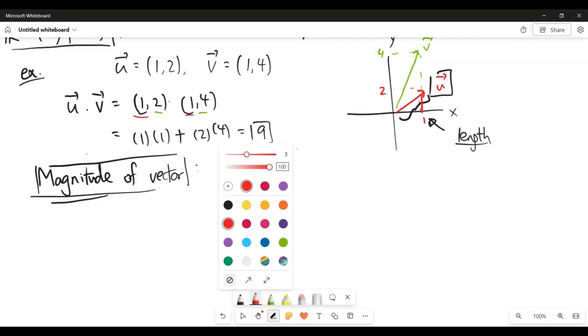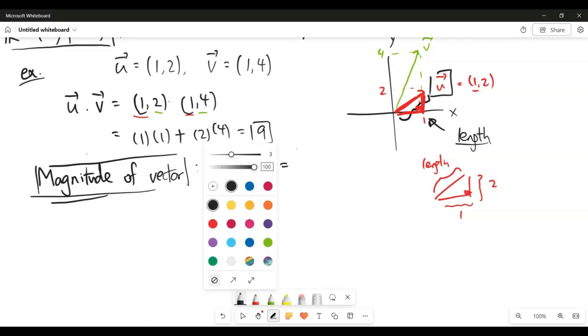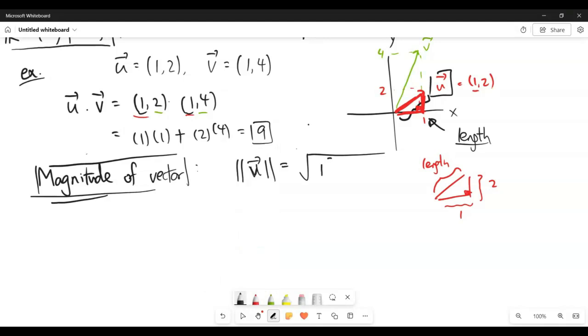If you look at this right angle triangle on the xy plane, the height is given by the y coordinate, which is 2, and the base length is given by the x coordinate, which is 1. The length of the vector is the hypotenuse of this right angle triangle. By the Pythagorean theorem, it's the square root of 1 squared plus 2 squared, which is the square root of 5 in this case, right?